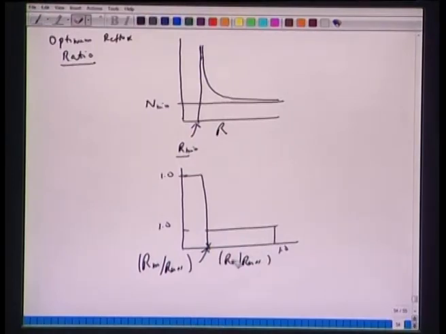So, we are plotting R over R plus 1. So, this corresponds to this point here, R m by R m plus 1, and we can have a bounded curve like this going to 1 for infinite ratios. So, ultimately we have essentially the same curve plotted in a different way.